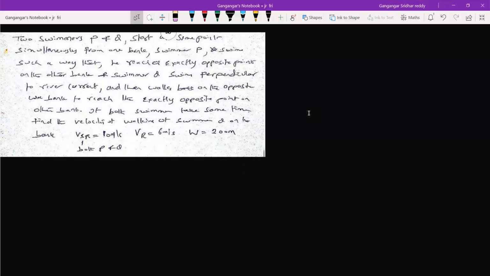Swimmer P swims in such a way that he reaches the exactly opposite point on the other bank. And swimmer Q swims perpendicular to river current and then walks on the opposite bank to reach the exactly opposite point on the other bank. Both the swimmers take the same time. Find the velocity of walking of swimmer Q on the bank.